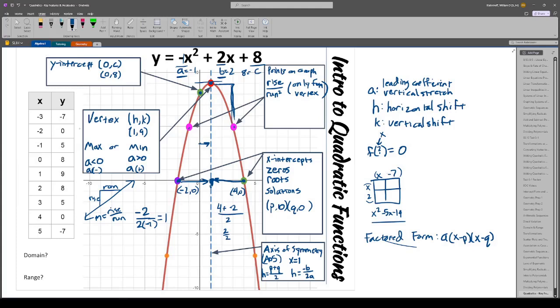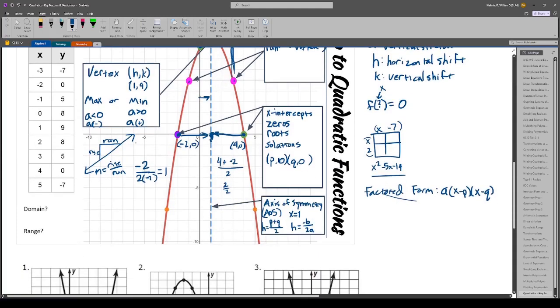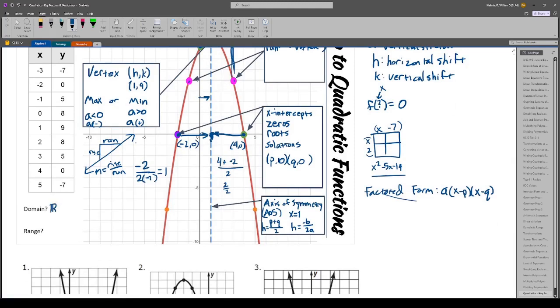And then finally, our domain and range. This one has a maximum value. Our domain is still all real numbers, and unless there's a limitation of an application or word problem, or it just states a domain limitation, that's always the domain. We can write all real numbers or negative infinity less than x less than infinity. Our range this time, though, has a highest value but no lowest value. This graph is drawn on a computer.